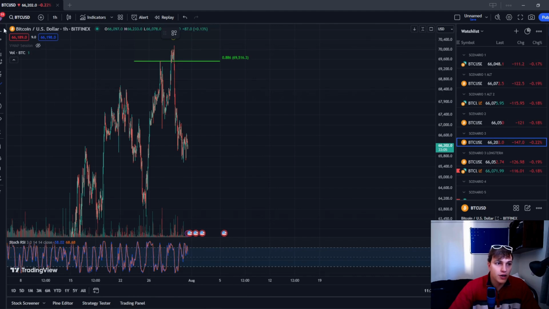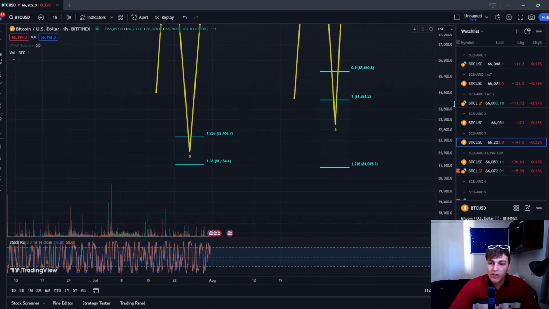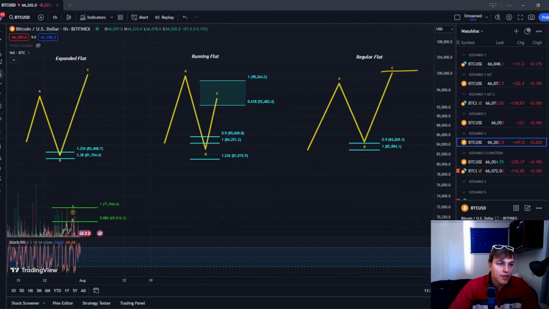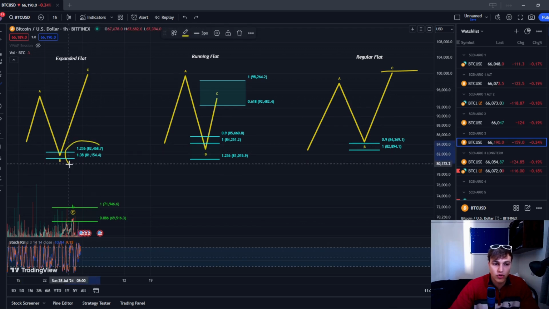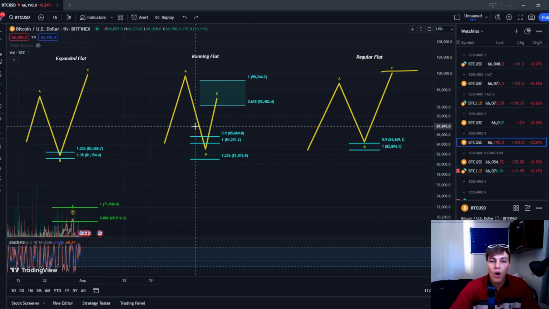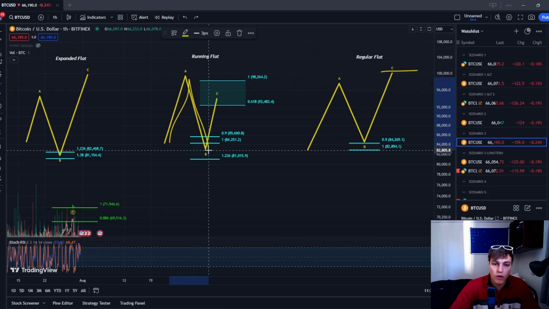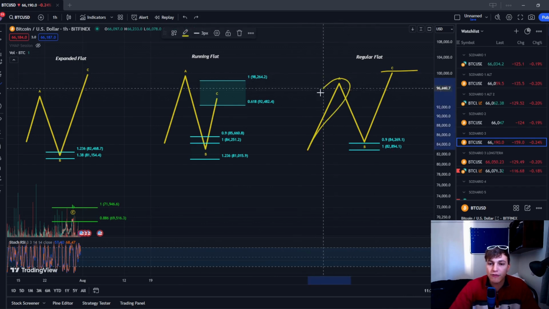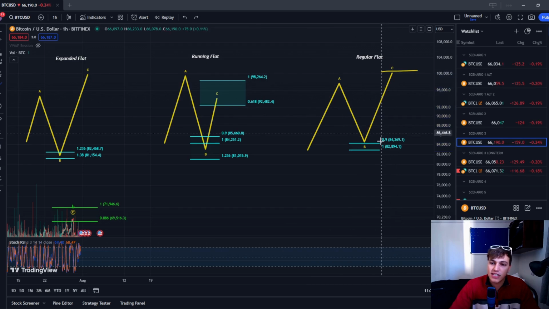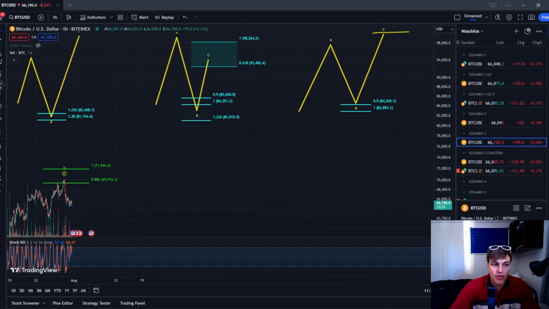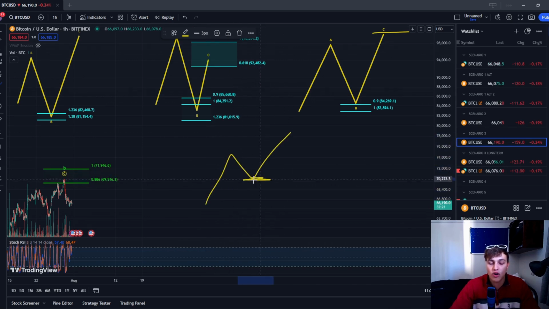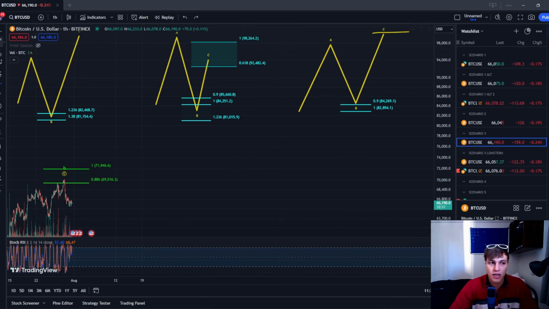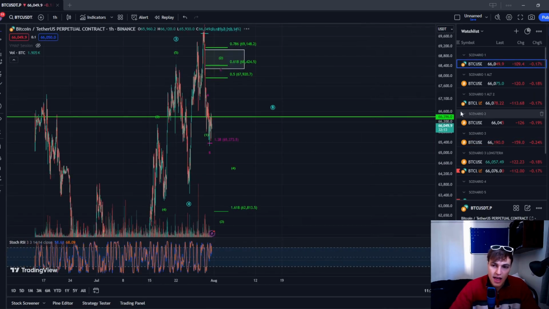Going to the education, either an expanding flat, an A, B, C where B takes the low of A, targeting the 1.236 to the 1.38 level, or a running flat where B takes the low of A but does not expand higher than the high of A, or a regular flat, a general A, B, and C where B hits the 0.9 of A. Or we have something very general, the basic A, B, C, where B often is targeting that 0.618 level.